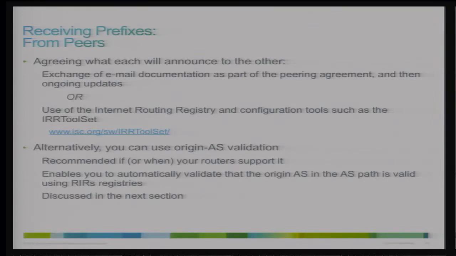The third way, and now becoming the main mechanism, is to use origin AS validation. But this is a new mechanism. It's not yet supported by all vendors. The last time I checked, some vendors hadn't yet supported it, but they will eventually, and probably by now most of them may have.